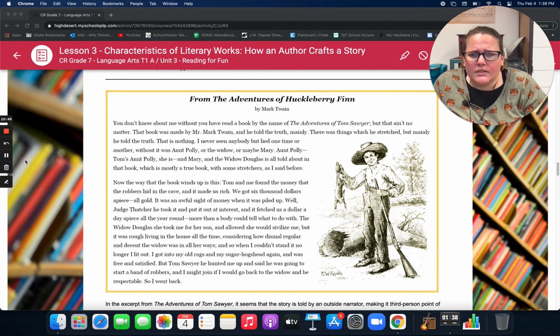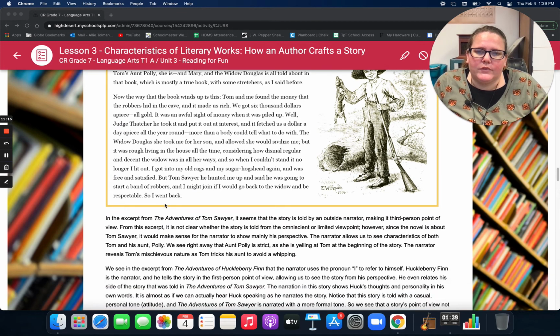The Widow Douglas, she took me for her son and allowed she would civilize me, but it was rough living in the house all the time, considering how dismal regular and decent the widow was in all her ways. And so when I couldn't stand it no longer, I lit out. I got into my old rags and my sugar hogshead again, and was free and satisfied. But Tom Sawyer, he hunted me up and said he was going to start a band of robbers, and if I would go back to the widow and be respectable, I might join. So I went back.